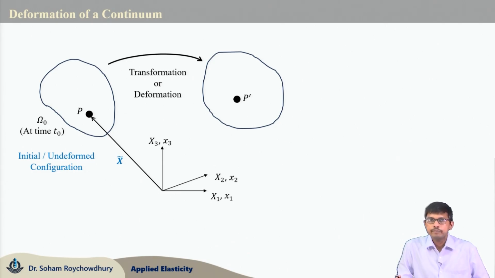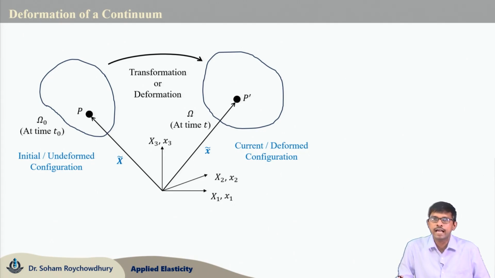Now P prime is defined by a position vector small x with coordinates small x1, small x2 and small x3. So capital X was the undeformed position vector of point P, small x is the deformed position vector of point P prime, and this deformed configuration is defined at any time t, which is also referred to as the current configuration.